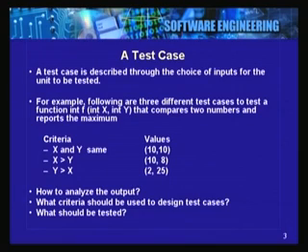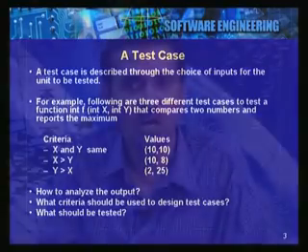So now we can ask these two questions: what criteria should be used to design test cases? How are you going to design these test cases? So we identified three criteria here, which are with respect to the values, their types, and also probably the semantics or the context, what should be the ranges of the values and so on.